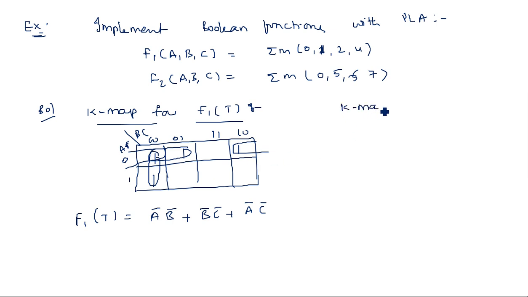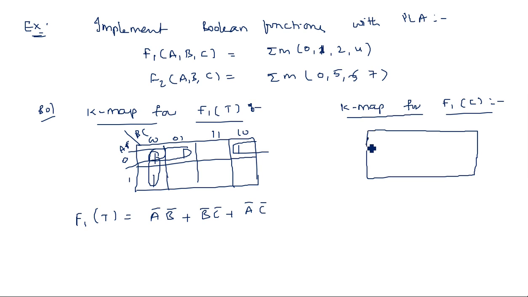Now K-map for F1 complement form. Okay, we know in PLA both true form and complement form we can identify. F1 complement form we can derive from the K-map, or else we can do one more thing. Just taking the complement of this one will give you F1 complement.